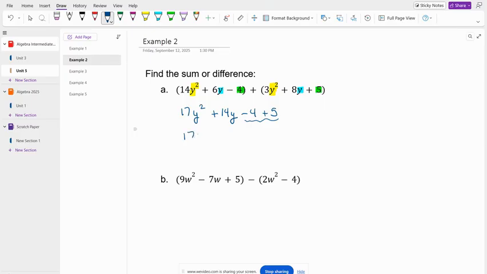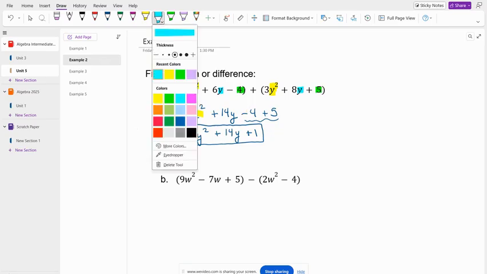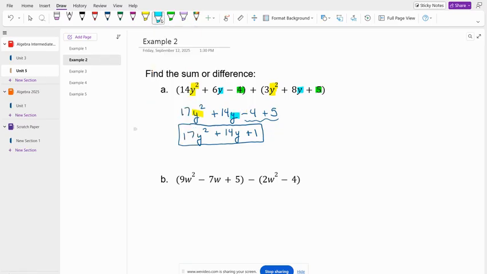So we end up with 17y squared plus 14y plus 1. That's going to do it for part A. Again, we're just looking for those like terms.